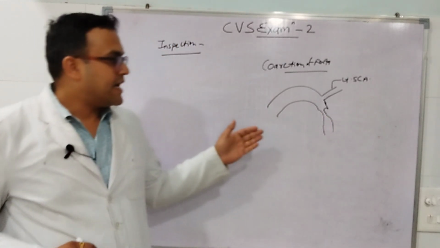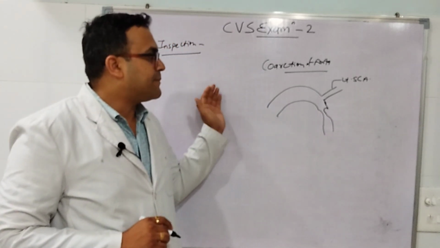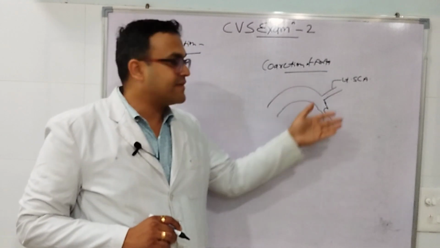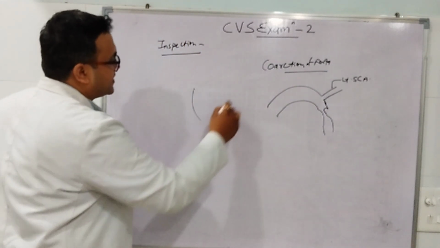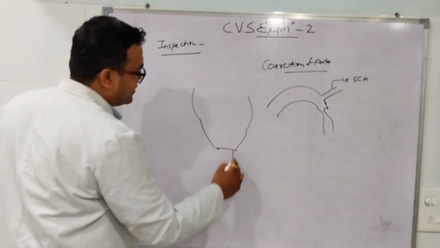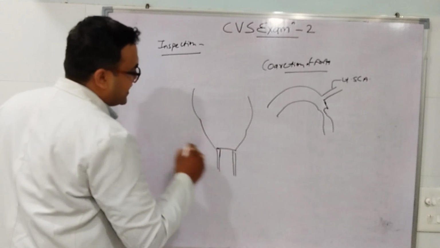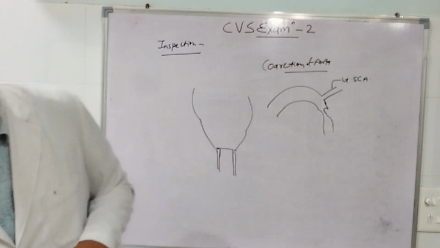If this is present, then the upper limbs will get full blood supply, whereas the lower limbs will get less blood supply. So the patient will have well developed upper extremities and very thin lower extremities. That signifies that the patient has coarctation of aorta.